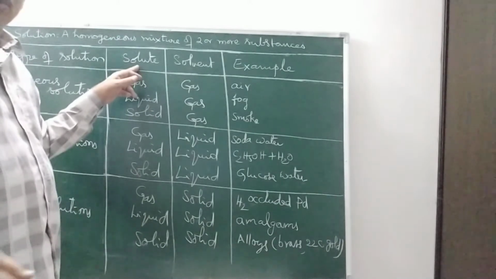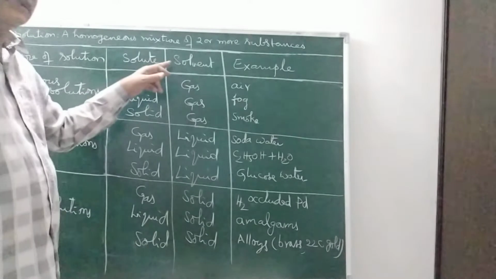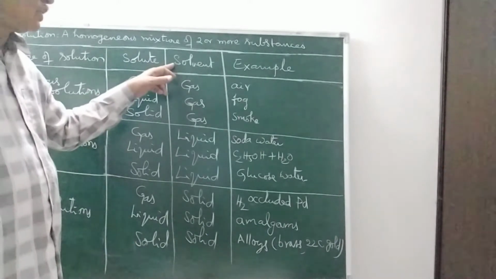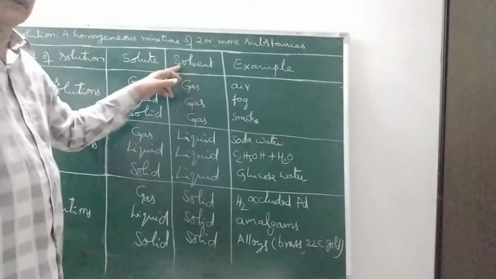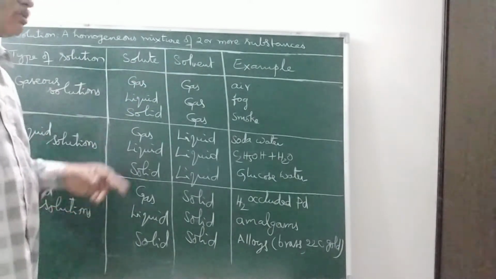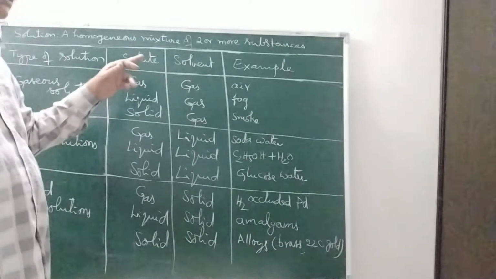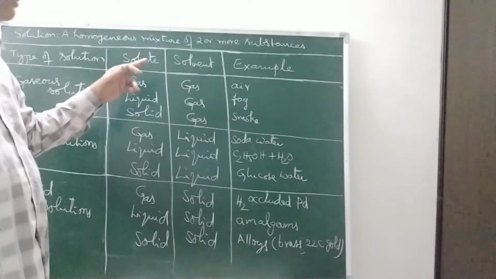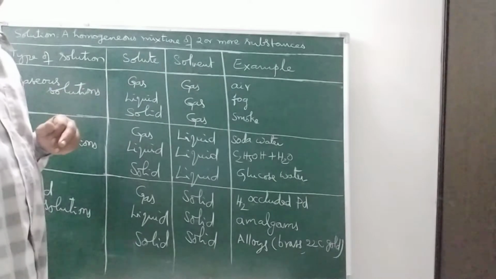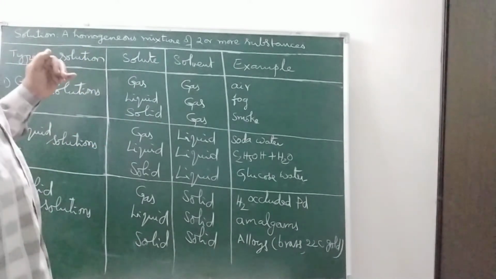We are adding glucose to water, so water is in more quantity, so it is called the solvent. So in a binary solution, the substance present in lesser quantity is called the solute, and the substance present in larger quantity is called the solvent. Right? So we will discuss binary solutions.